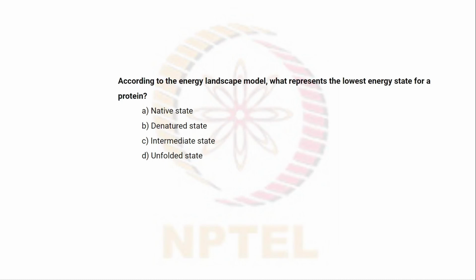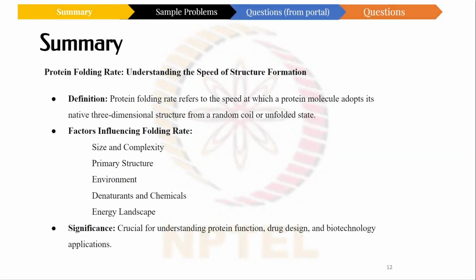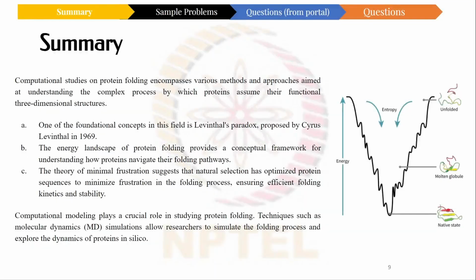According to the energy landscape model, what represents the lowest energy state for a protein? So this is the energy landscape model.